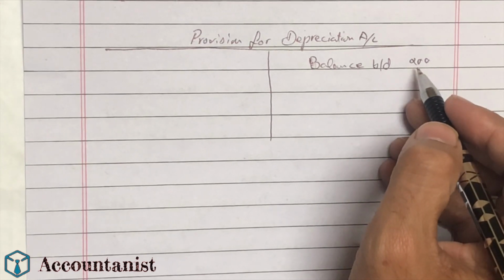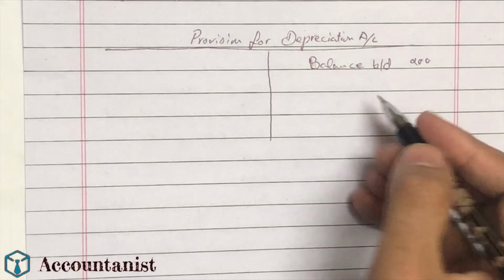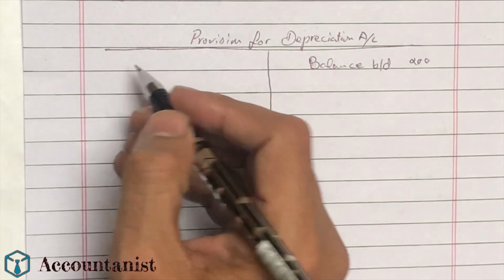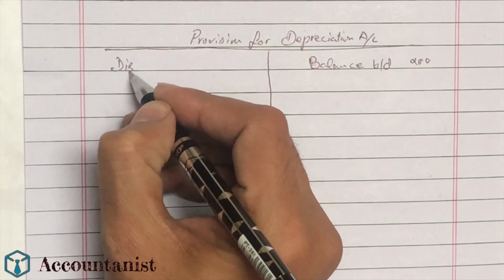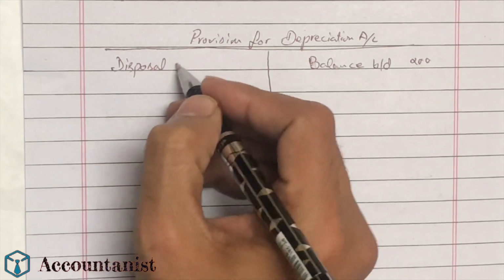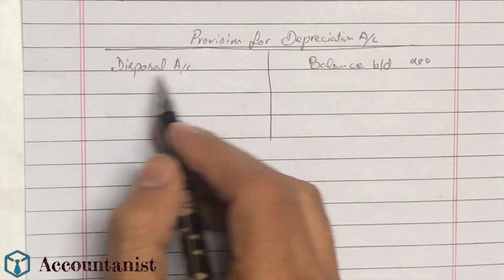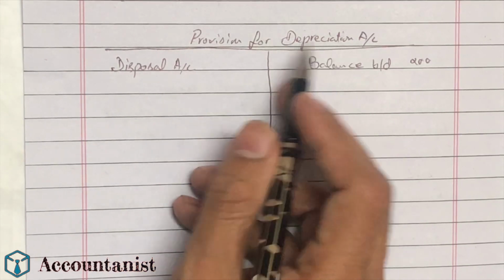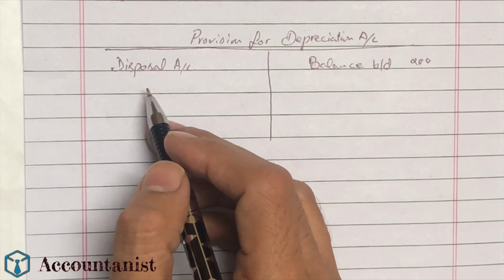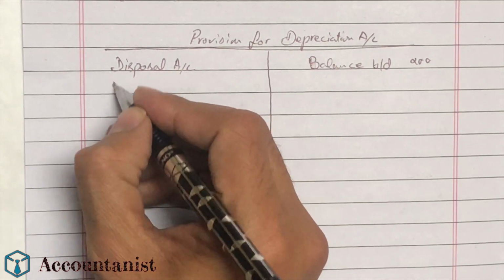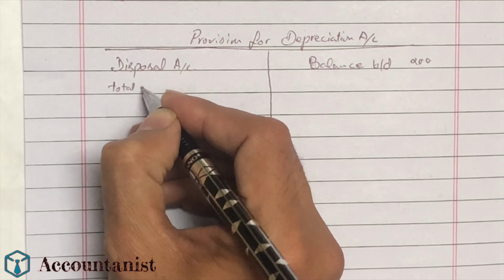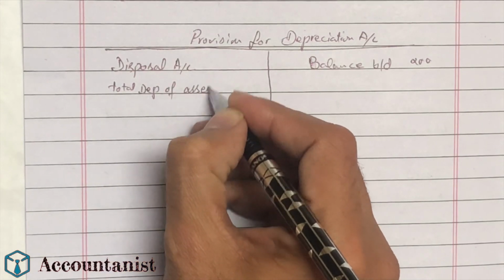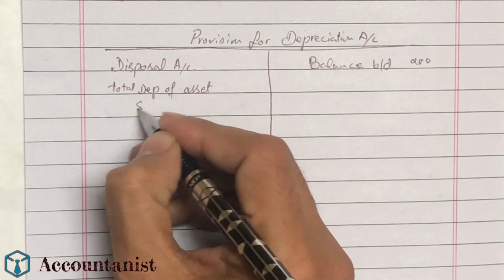After writing this down, I always tell my students to write down the disposal account entry first. What we will write in the provision for depreciation account with the label of disposal is the total depreciation of the asset sold.